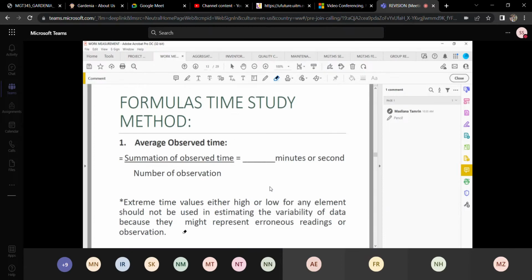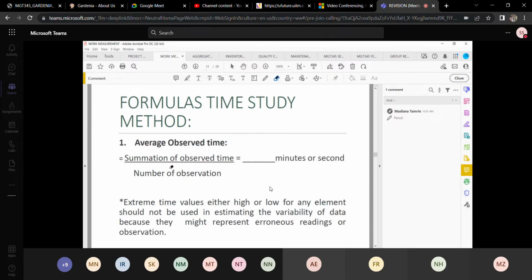Okay, the formulas in the time study methods, which consist of the average observed time. Remember, for the average observed time, you need to exclude the extreme time values, either too high or too low, for any element, because they might represent erroneous readings in the observation.